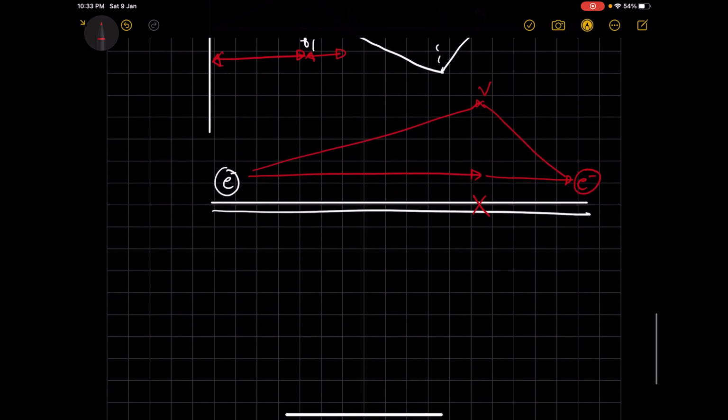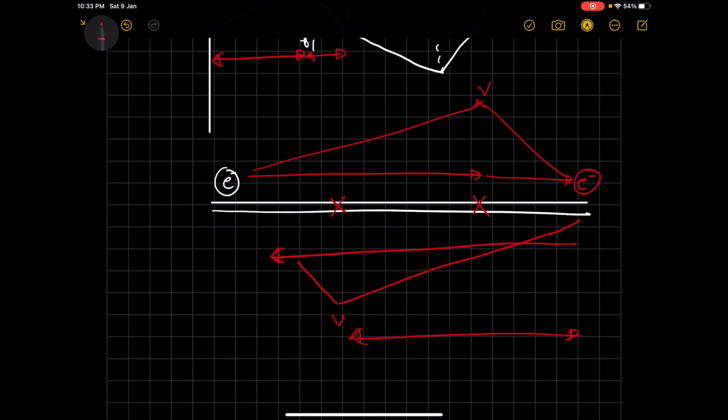While going back in this direction, the electrons will increase their velocity from 0 to a maximum value v and cover some distance from here to here and rapidly decrease their velocity and come to a halt.